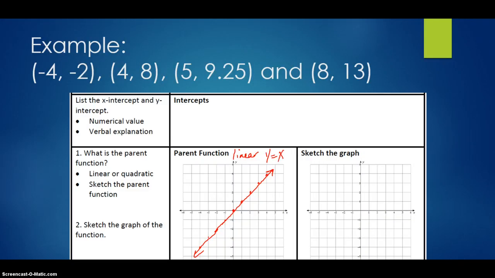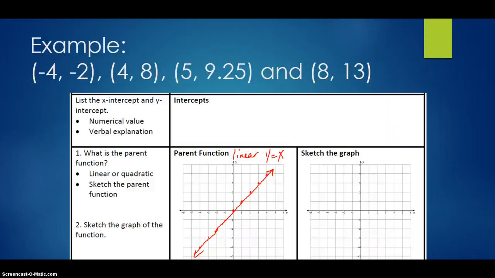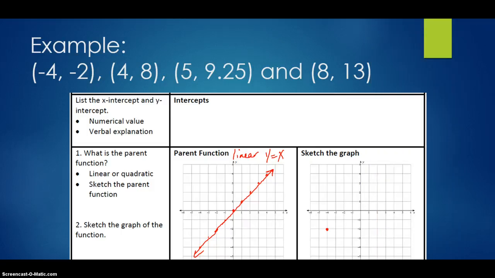Well, that's lovely for the parent function, but now we need to sketch our actual graph. And so what I want to do is get a few points, and I don't want decimals, I want actual points. And so I see -4, 2, and I see, what do I see? 0, 3 is a good one because it's also our y-intercept.